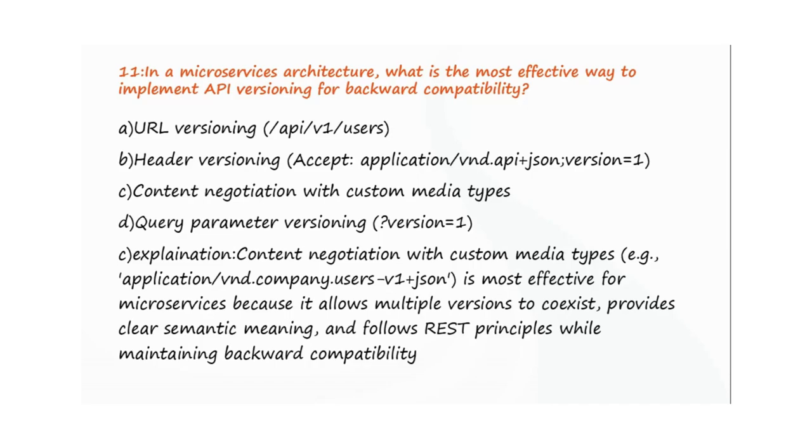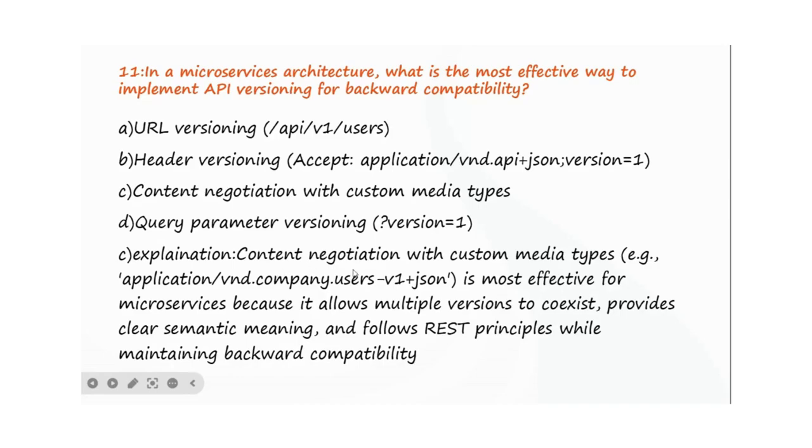In a microservices architecture, what is the most effective way to implement API versioning for backward compatibility? यहाँ पे हमारे पास है ऑप्शन C, content negotiation with custom media types.